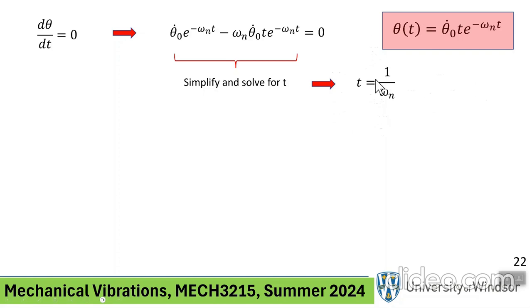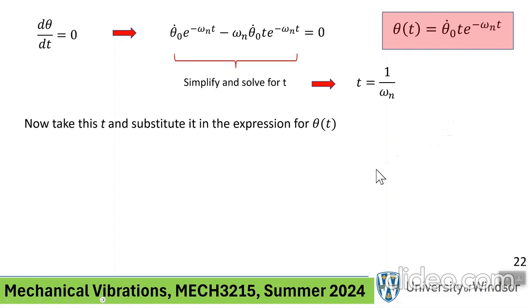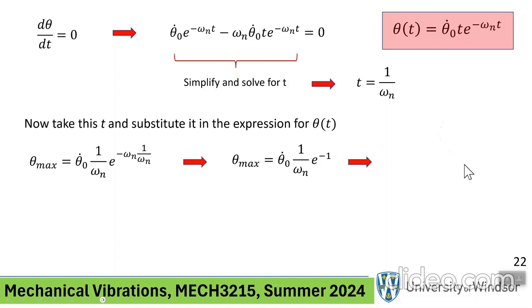So if you take this and stick it in there, and your theta is 70 degrees, you can find theta naught dot. Okay? All right, so here's what I did. I took this time and plugged it into that. I don't know what theta dot 0 is, but I know that after that many seconds, this must be the maximum value of theta, and I want that to be 70 degrees.